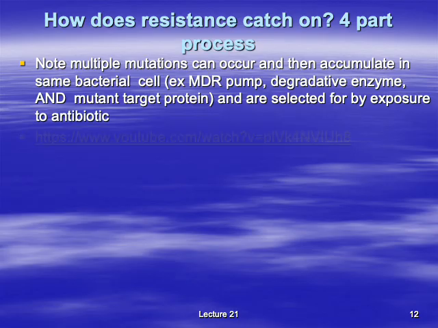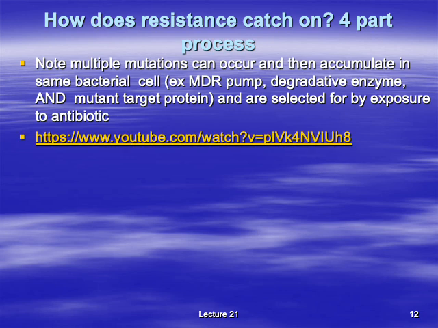Okay. Now, there's a really cool video on YouTube. There's the link. It's not that long, and it just illustrates this point where they're going to start some bacteria on this huge table that's made of agarose media with nutrient.